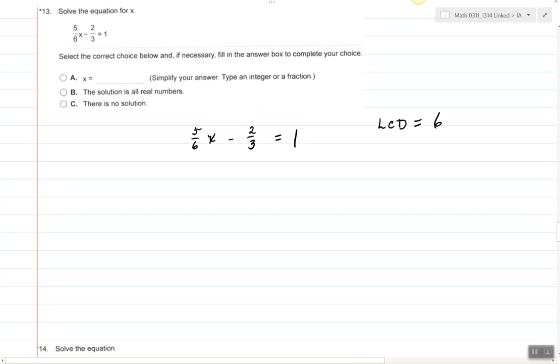You want as small a number as possible, but all of the denominators have to divide into it. So I chose 6. I'm going to multiply 6 times 5/6 x minus 6 times 2/3 equals 6 times 1. Both sides have to be multiplied by that number.